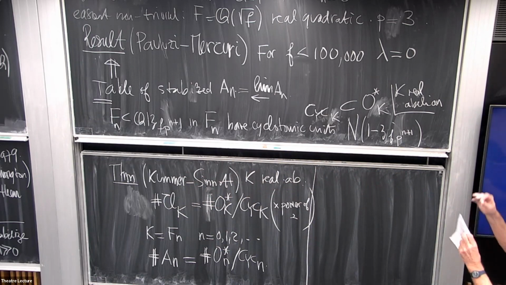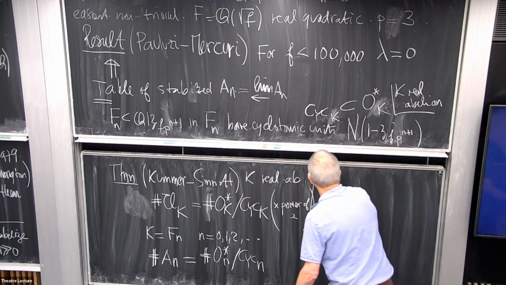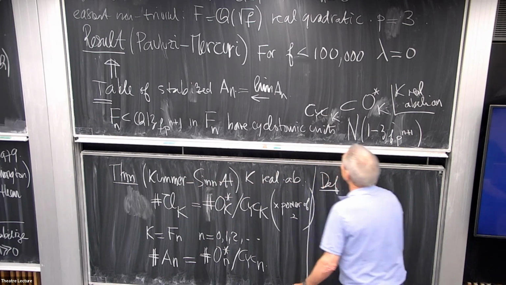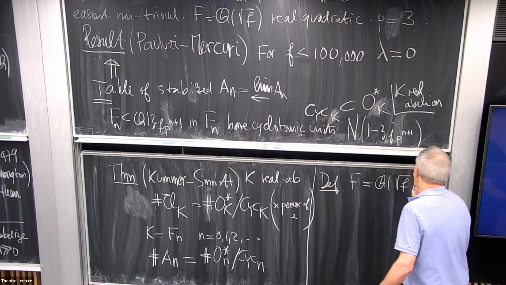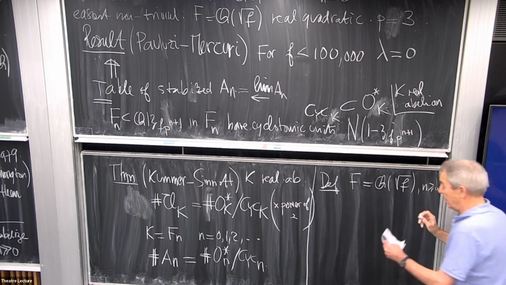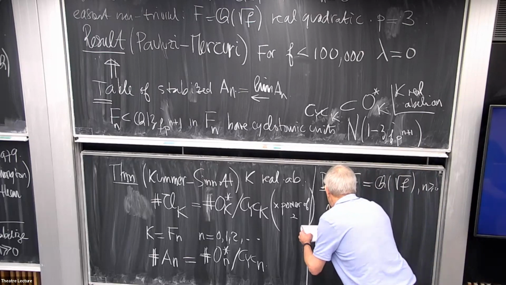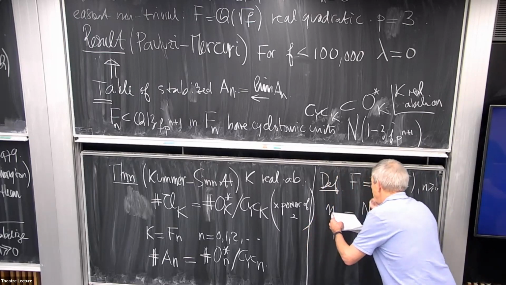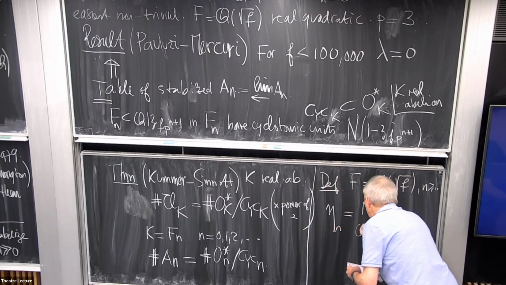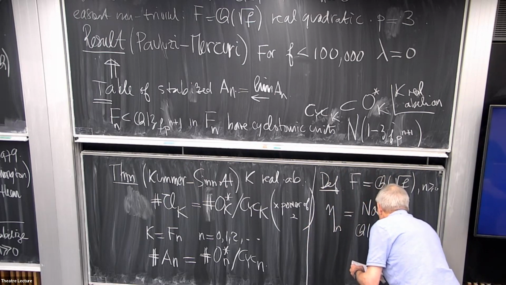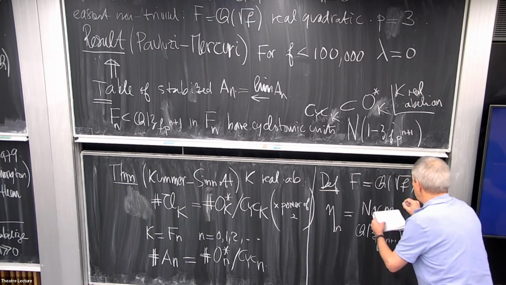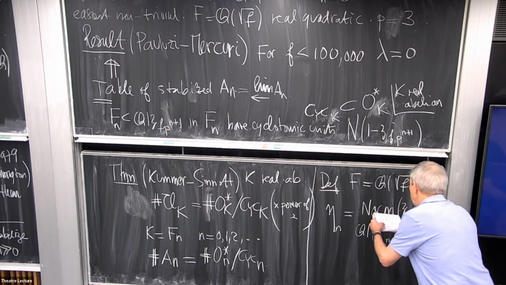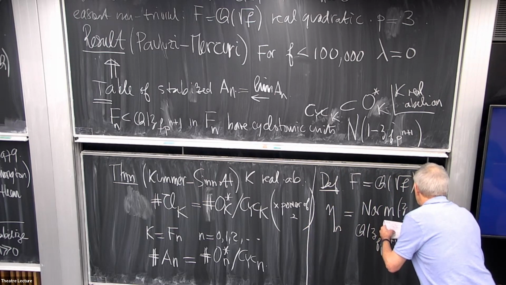Let me then define the cyclotomic units so we know what we're talking about. I still have F fixed, so F is Q(sqrt F). I have an n at least 0, and then I define eta_n. It is the norm from Q(zeta_{F p^(n+1)}) over F_n of 1 minus zeta_{F p^(n+1)}. How can you take that norm if there is no inclusion?